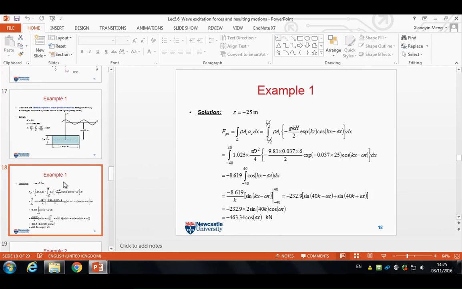You want to know why we use only one integration, right? Previously, according to the theoretical basis, we should do the integration for the whole surface, the total surface area for the structure.